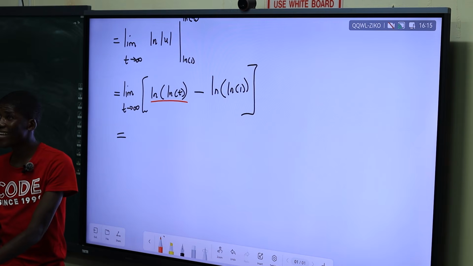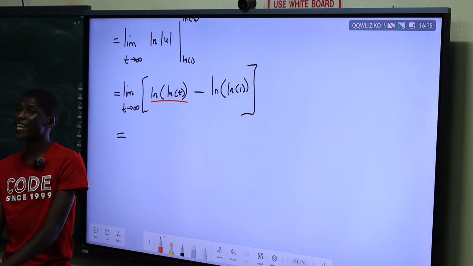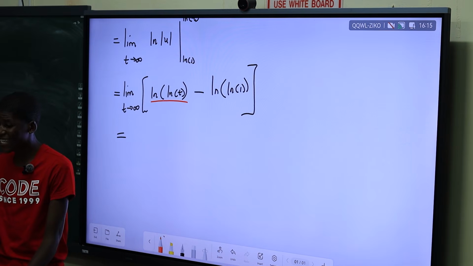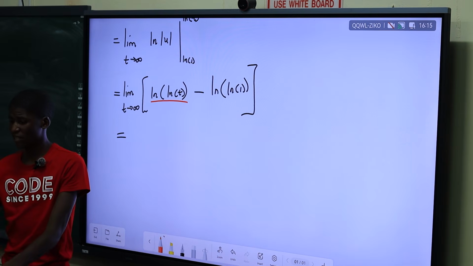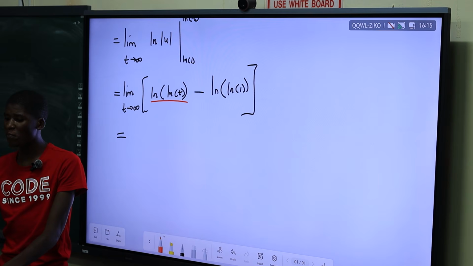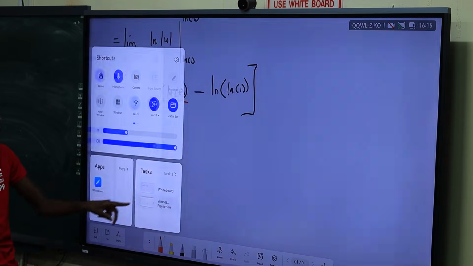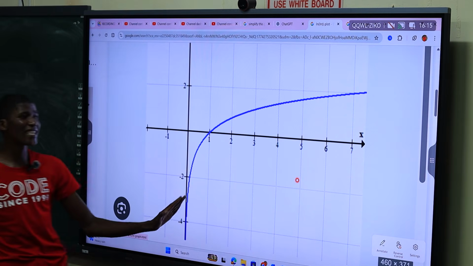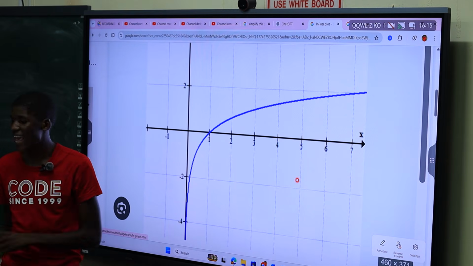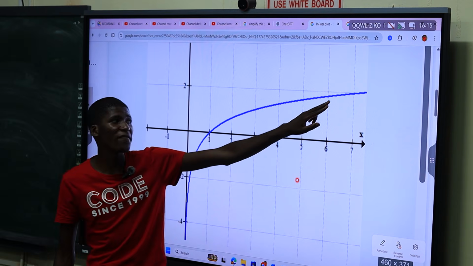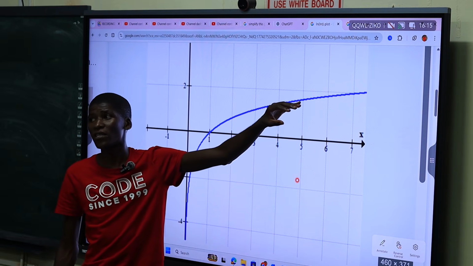You must know them from first year. You cannot tell me you don't know what happens to cos as t goes to infinity. Cos alternates. You must just know it naturally. Because it's a concept from calculus 1. So you must know it even without numbers or graphs. But because I want you guys to see, this graph is a graph of ln x. So as x becomes bigger, the y value also becomes big.